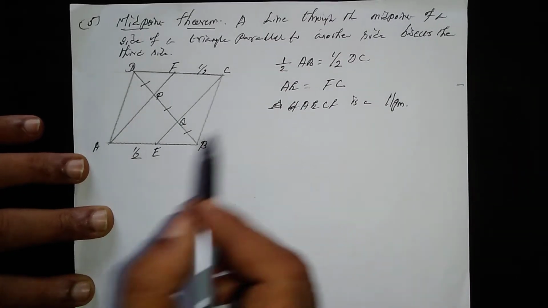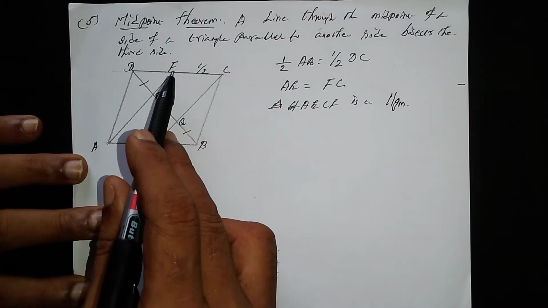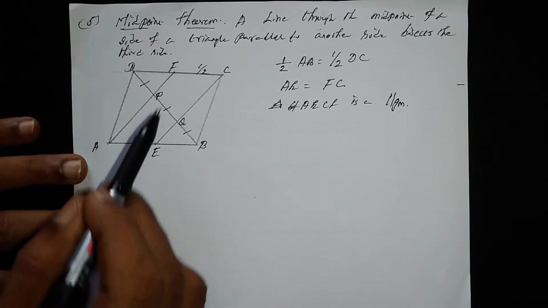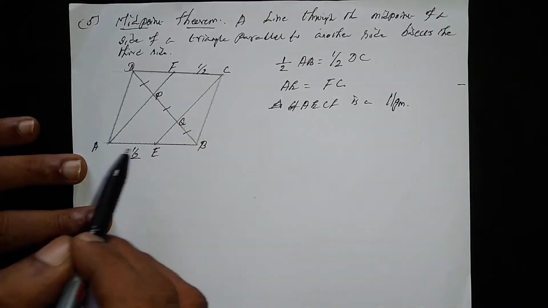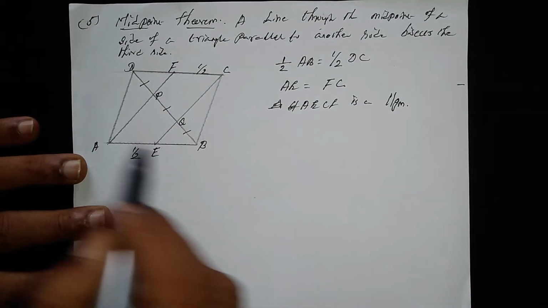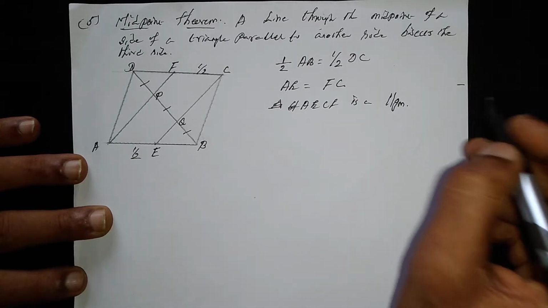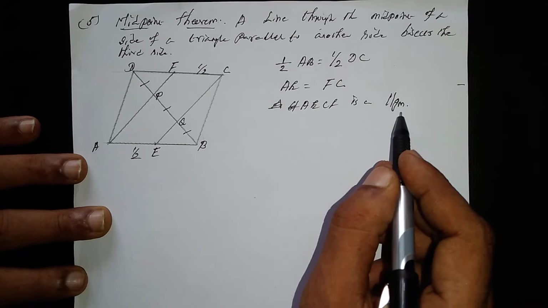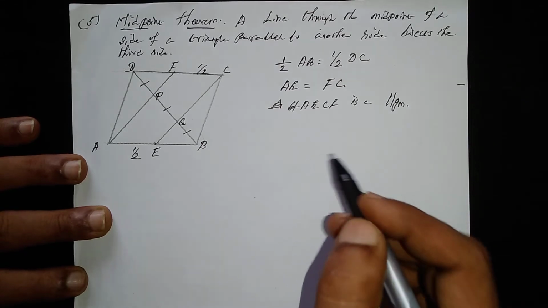To prove this, AE is equal to FC and also parallel, so naturally AECF is a parallelogram. Now the first part is over. Let us go for the second part. Why we have proved this parallelogram, we will know in the subsequent steps.